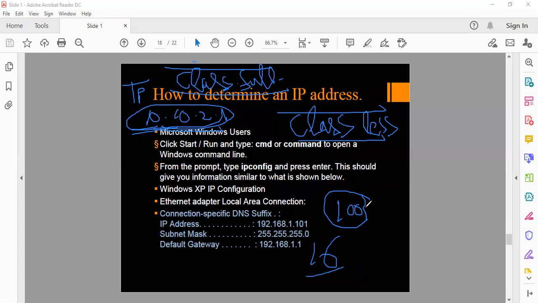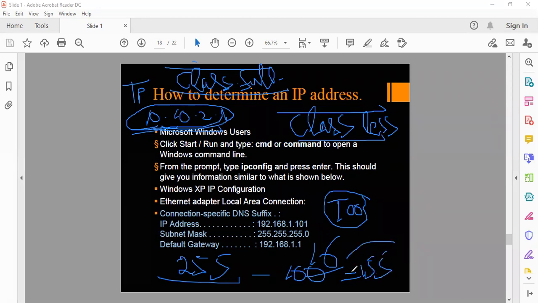You have only 100 users, but you have 255 hosts in the octet, and you will use only 100 hosts. In that case you are wasting 155 nodes, and in classful IP addressing you can't assign this network to another one. That's why in classful IP addressing the major portion of IP addresses is wasted.